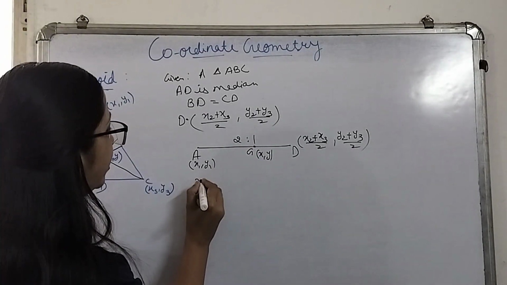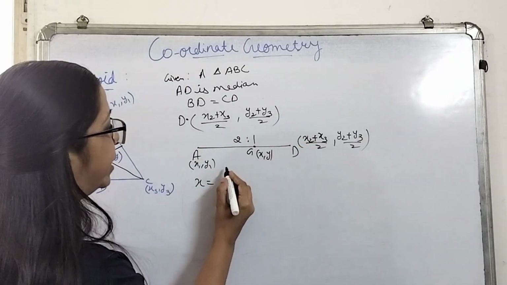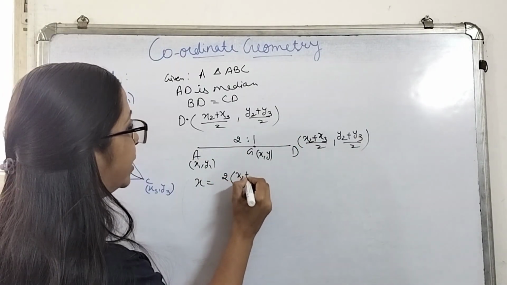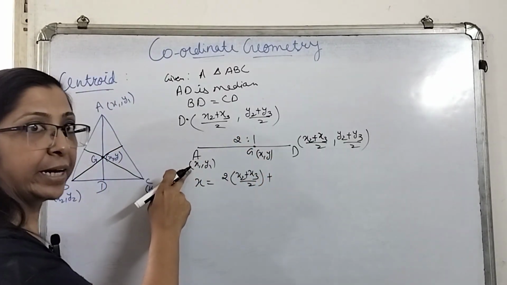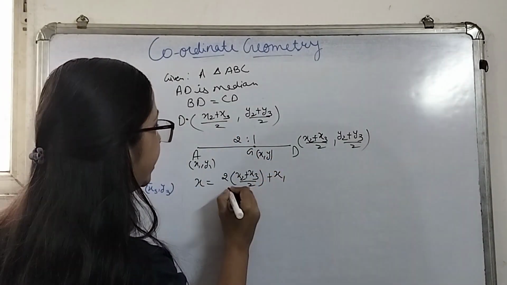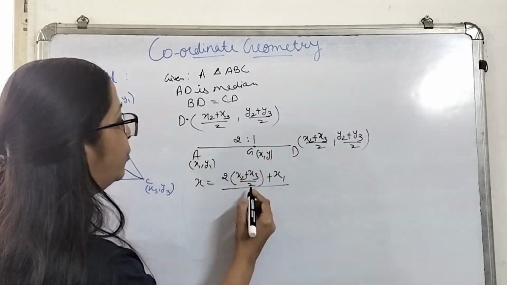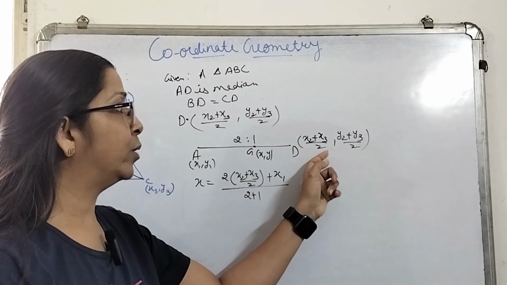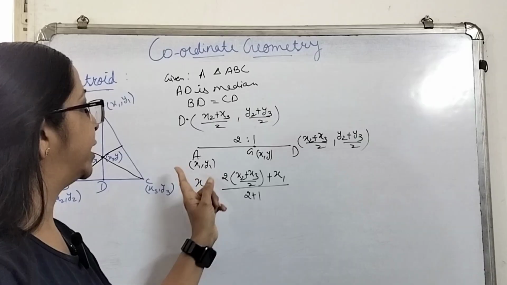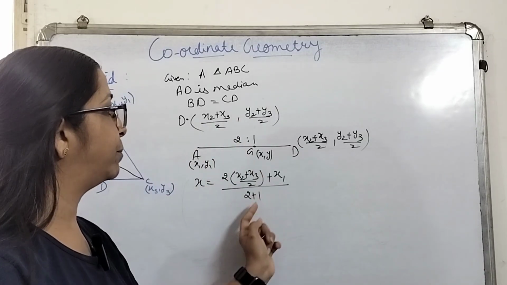So x coordinate will be 2 multiplied by x2 plus x3 by 2, plus 1 multiplied by x1, that is x1 only, divided by 2 plus 1. That is your m1 into x2 plus m2 into x1 divided by m1 plus m2.